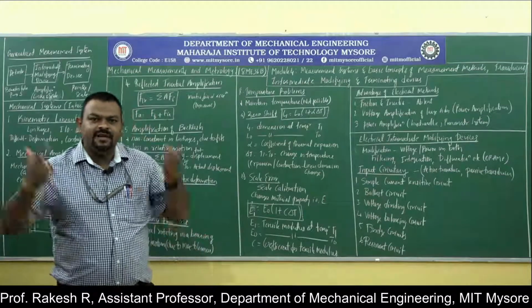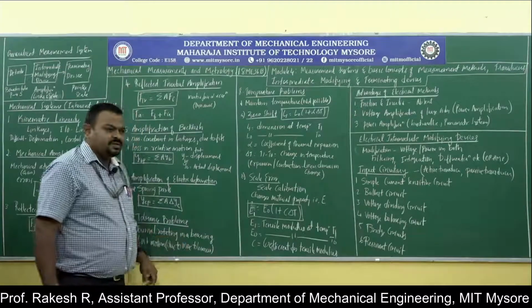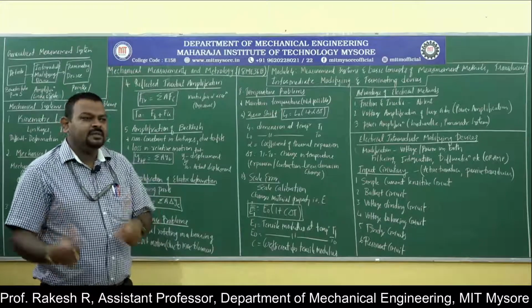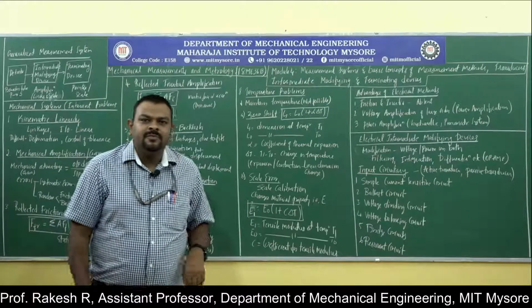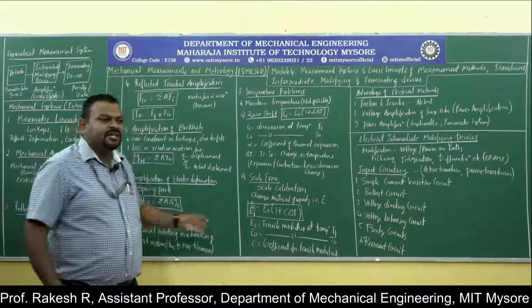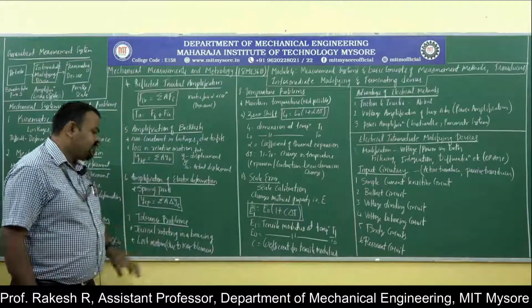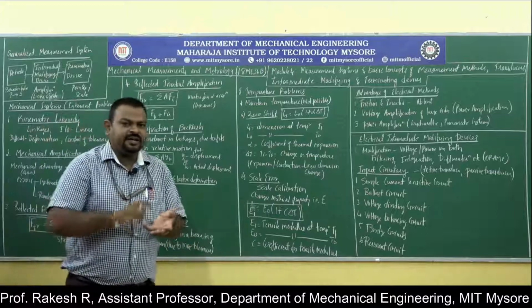If I take M20, it means there is some standard. Also there is a standard for fits. If a fit does not have a sufficient amount of tolerance, then what happens? We need to change the component itself. Take an example of a journal bearing, a journal rotating in a bearing.